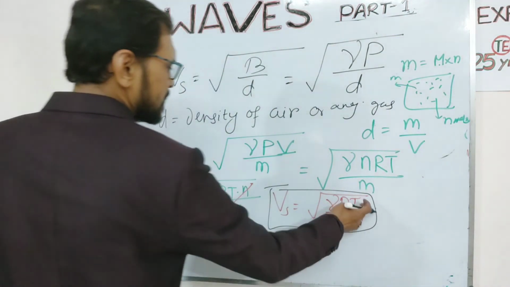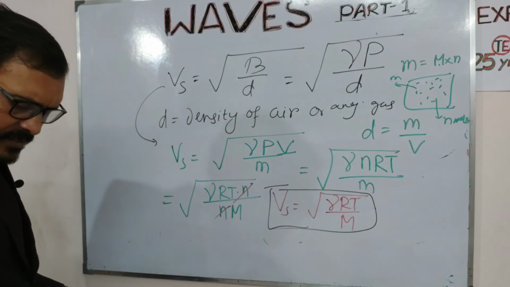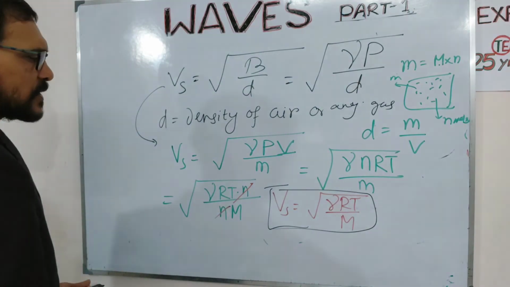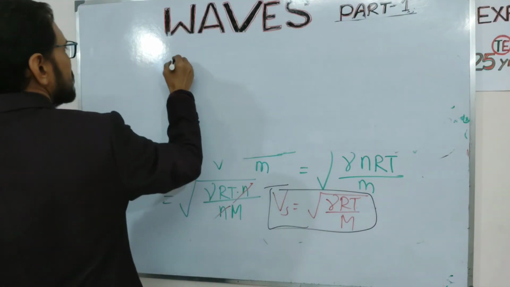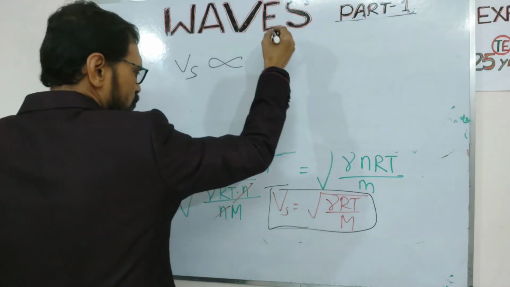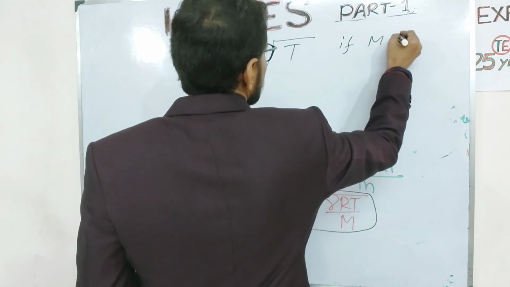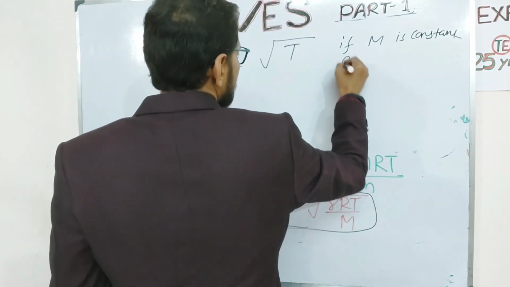Here two variables are present, T and M. Different gases have different molecular weight, and for different temperature the velocity of sound is also different. We get two formulas. Velocity of sound is proportional to root over T if M is constant. M is constant means the same gas.